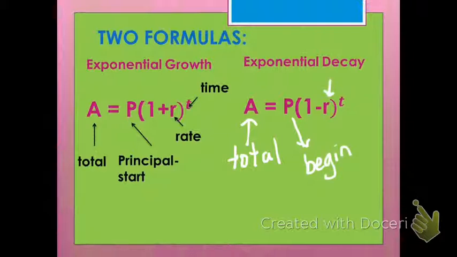Your rate is the R, so like interest rate or decreasing rate. And the T, of course, is time. And you just decide by looking at the problem which formula you use. If you're growing, then you use the growth. If the value is going down or decaying, then you would use the decay formula.